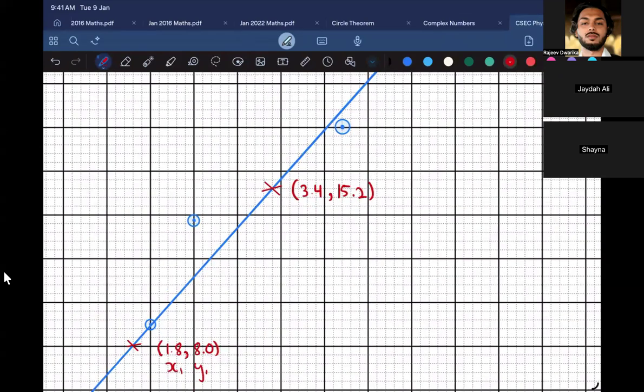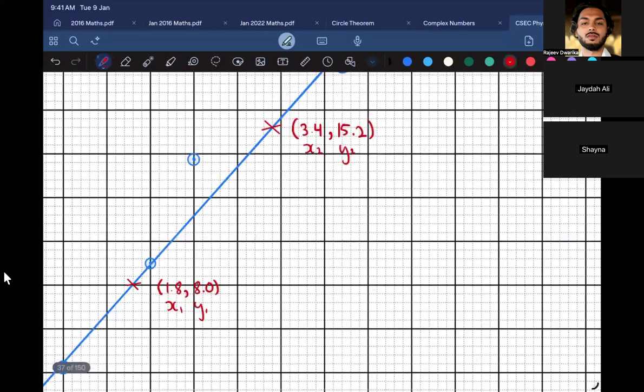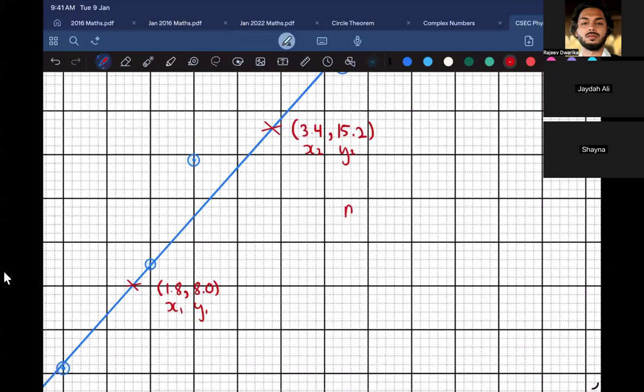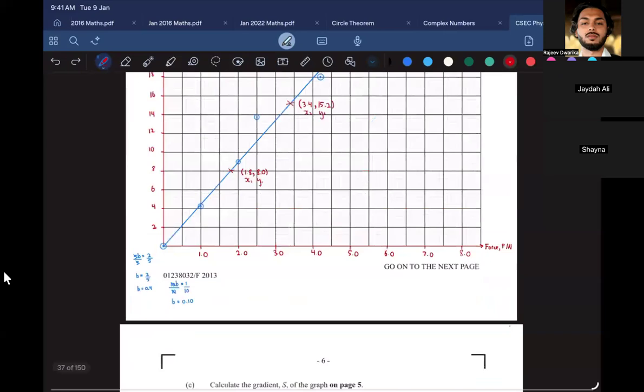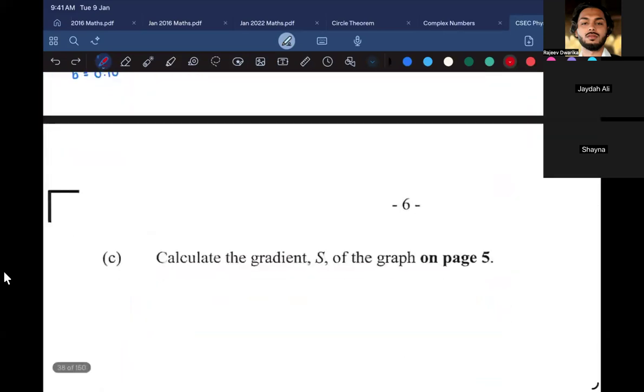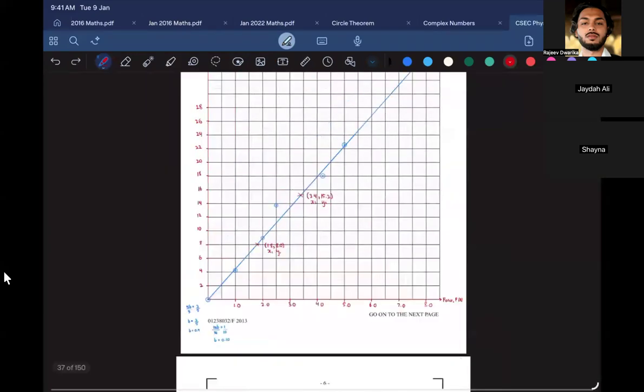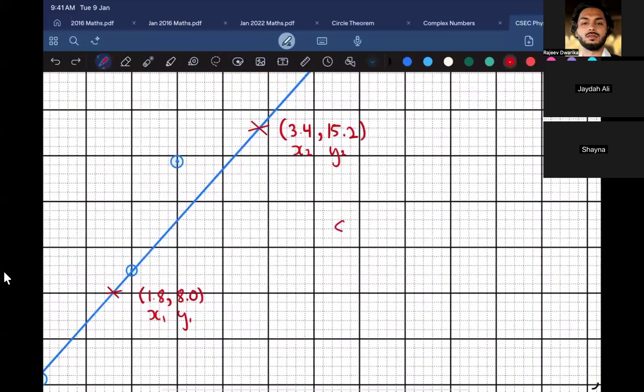Yeah. Okay, and it doesn't matter by the way. Typically we use M to represent the gradient, but in this question they said calculate the gradient, capital S. So we're going to use that notation here. You're going to write the formula for gradient first. It's y2 minus y1 all over x2 minus x1.